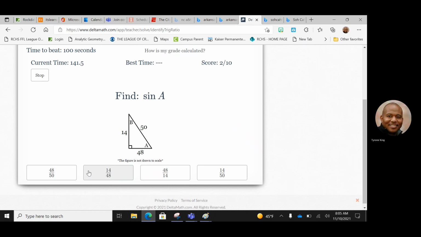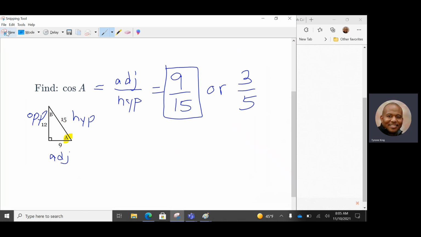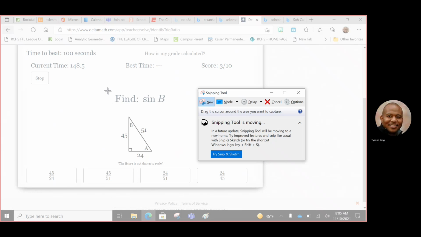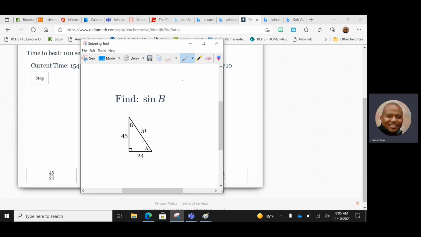Let's talk about the sine of B on this problem. On B, you would highlight or circle your angle, and then label your sides. I know 51 is the hypotenuse, 24 is the opposite of B, and 45 is the adjacent.